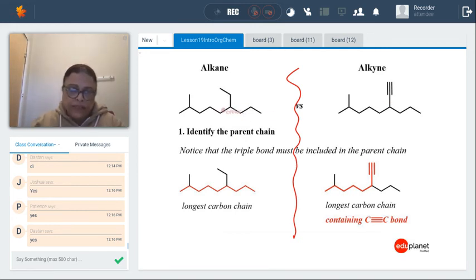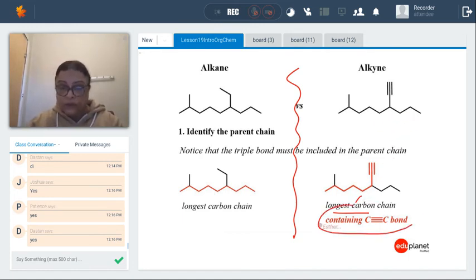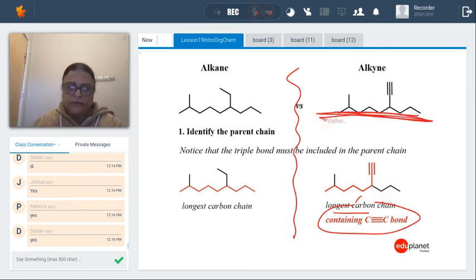Here we don't have any multiple bond. Here we have a triple bond. So the longest chain, just like in an alkane, always contains the triple bond. So you don't count this way, you count this way. Make sense?